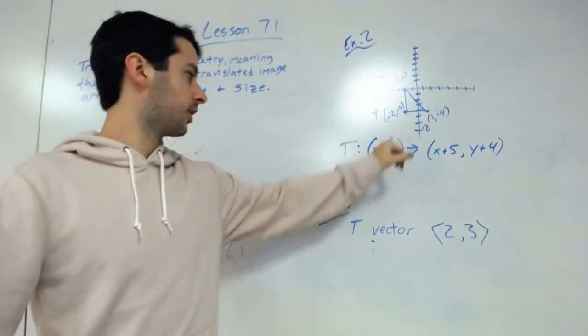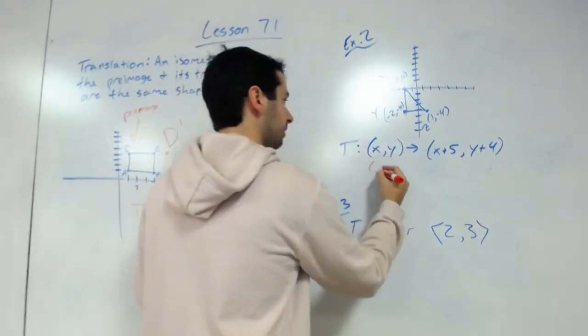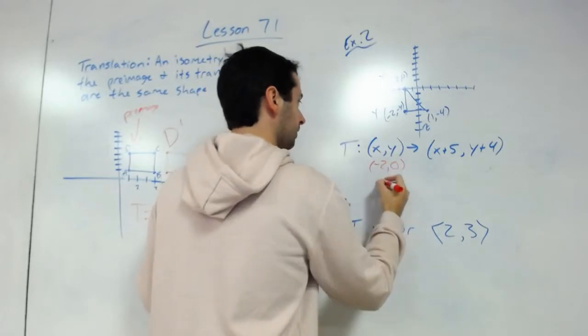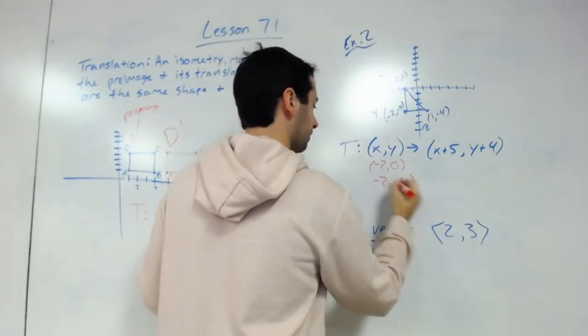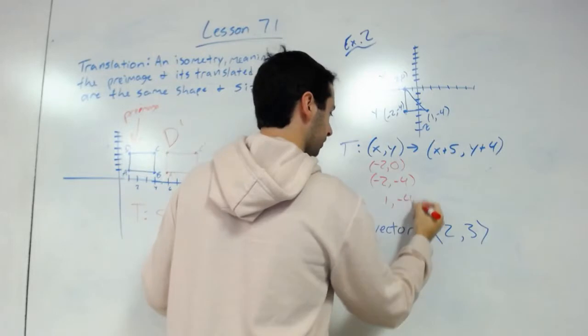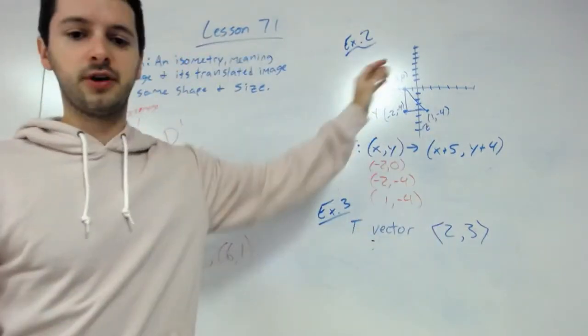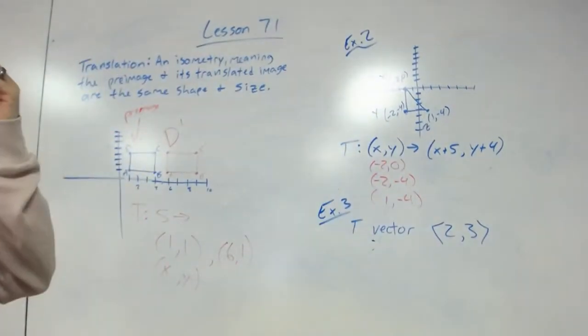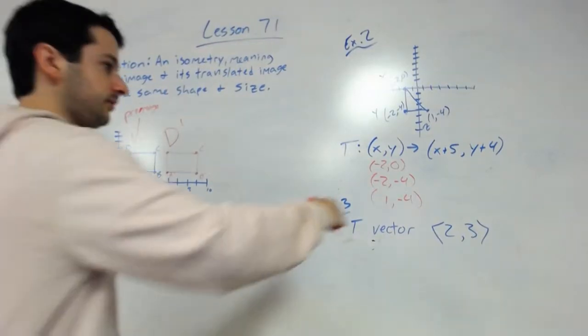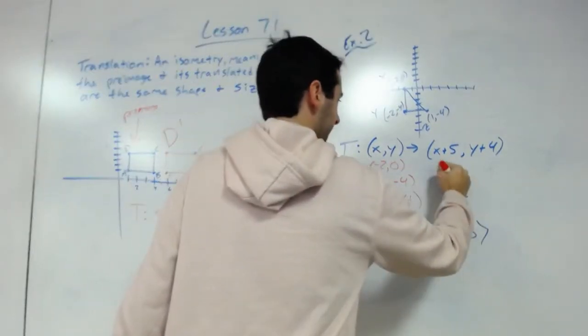So our X and Y coordinates would be -2, 0, -2, -4, 1, -4. Those are the X, Y's that it's referring to. And it wants you to translate it X plus 5 and Y plus 4.